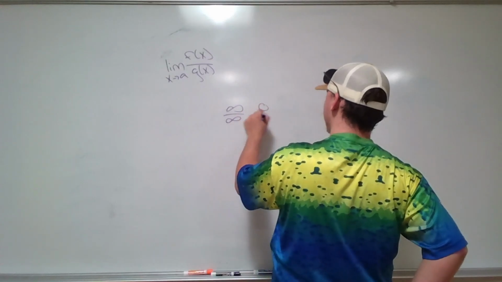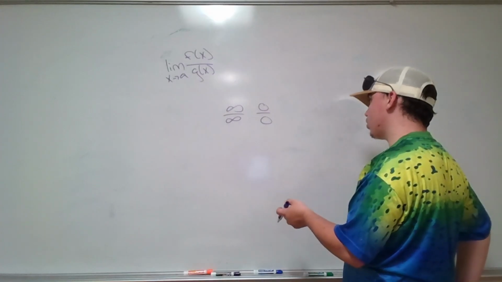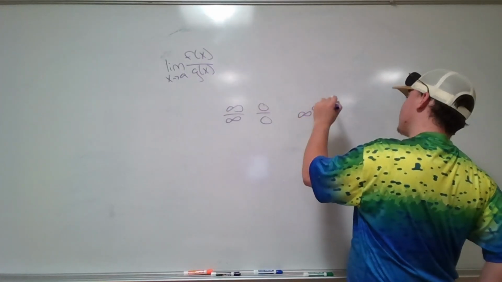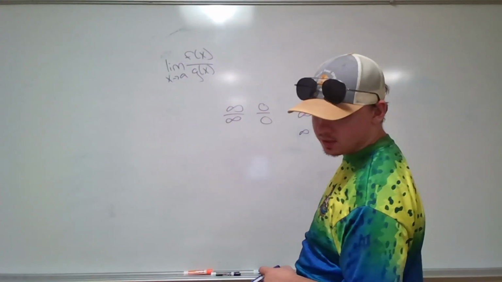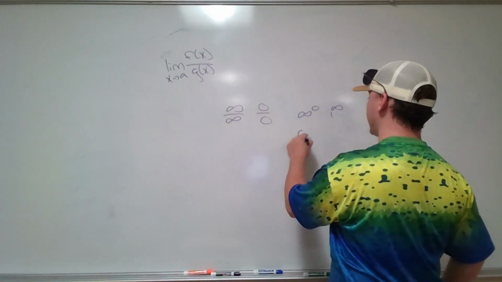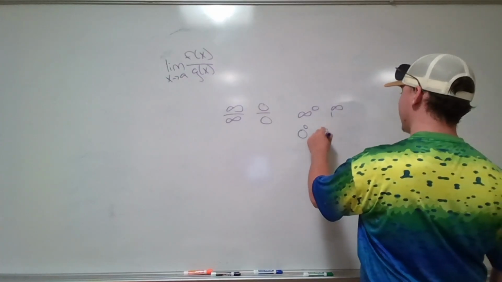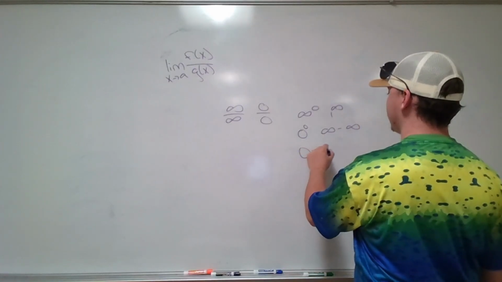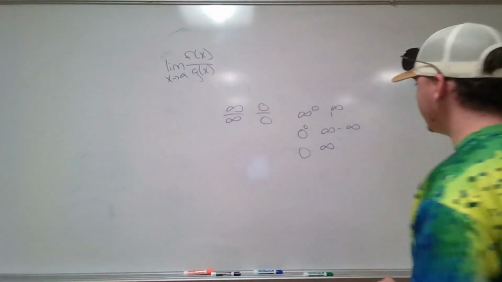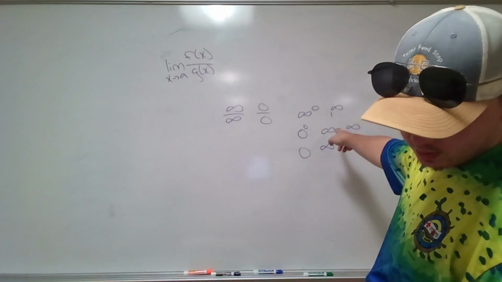You get 0 over 0, or if you have other scenarios where it's an exponential or other weird things, you're going to get stuff like infinity to the power of 0, 1 to the power of infinity, 0 to the power of 0, infinity minus infinity, and 0 times infinity.